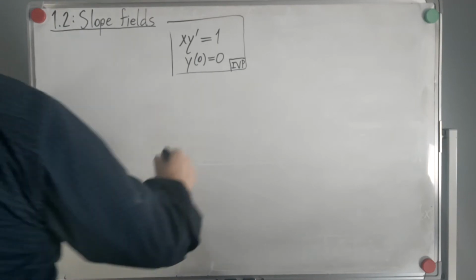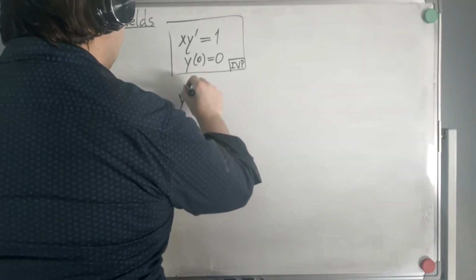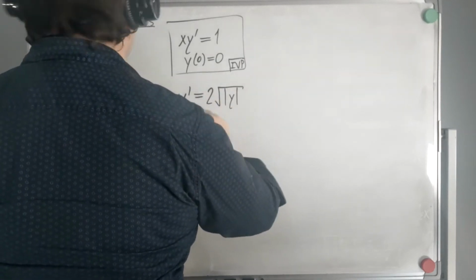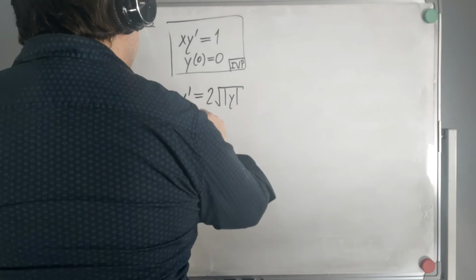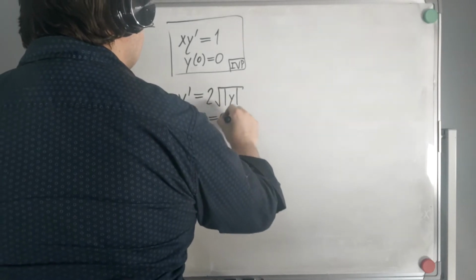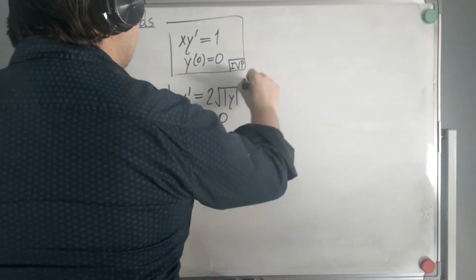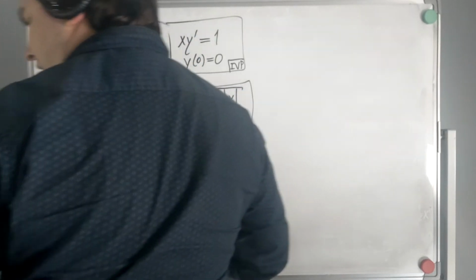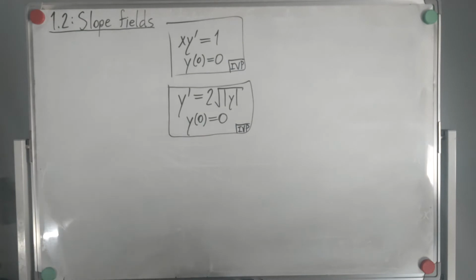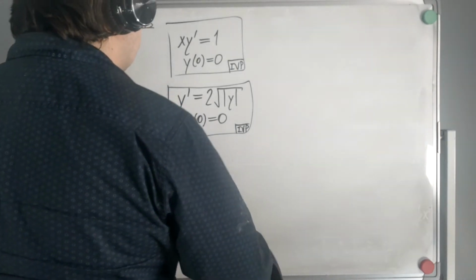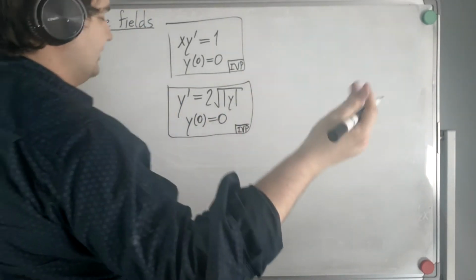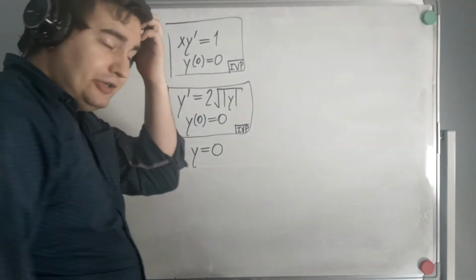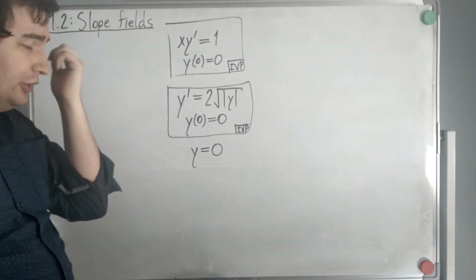And on the other hand, if we have y prime equals 2 times the square root of the absolute value of y, and y of 0 equals 0, this initial value problem, well, it actually has two solutions, at least. More than one, I should say. It has more than one solution. One of them is y equals 0. So just the constant function 0.